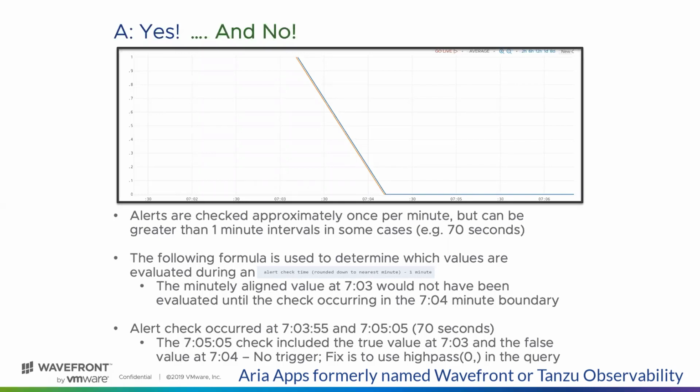Then it did not check again until just past the 7:05 minute. And in this case, it then saw both the one true from back in this minute, but it also saw the false from the 7:05 minute because the check happened just afterwards, and it did not fire.